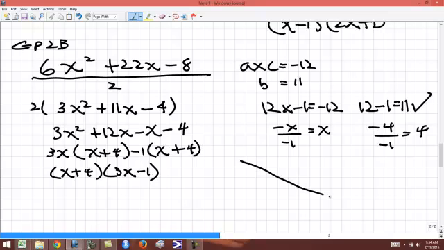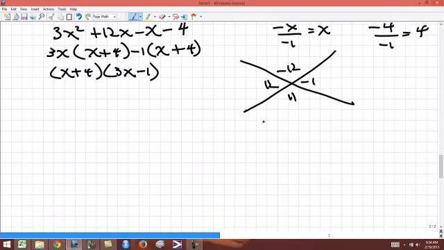And then if we use the cross method, then the negative 12 goes here, and the 11 goes here. And I'm going to have a 12 here and a negative 1 here. And I'll have x plus 12 and x minus 1.